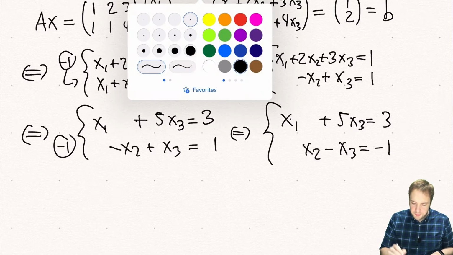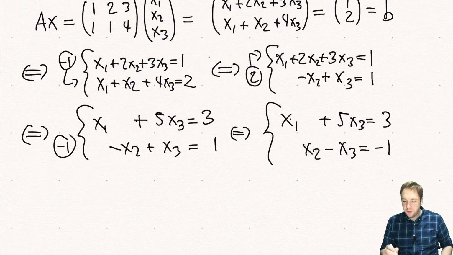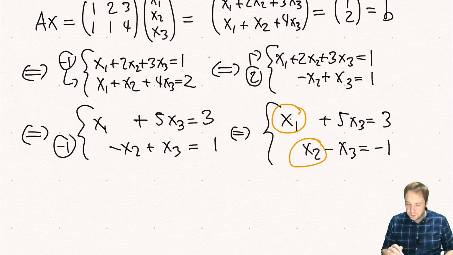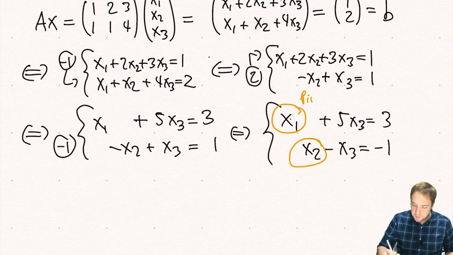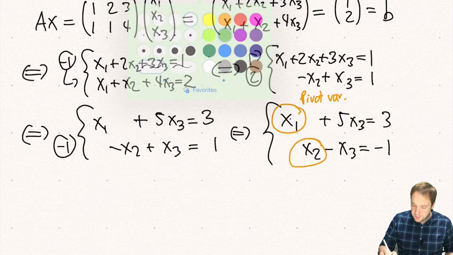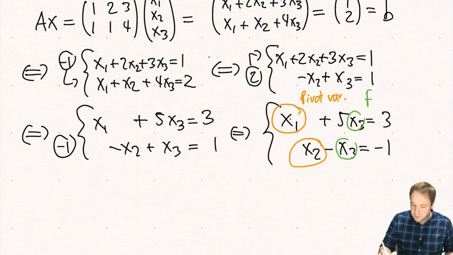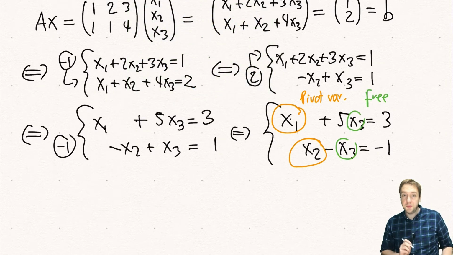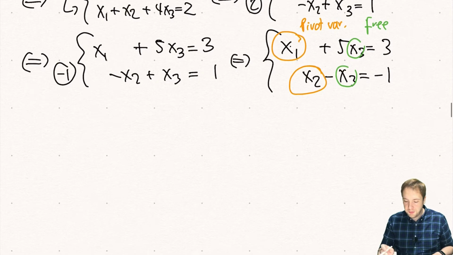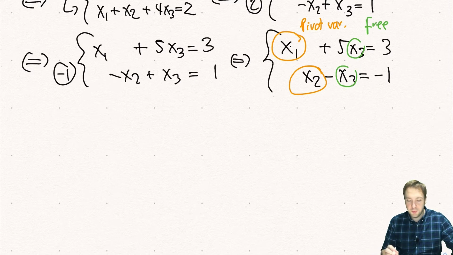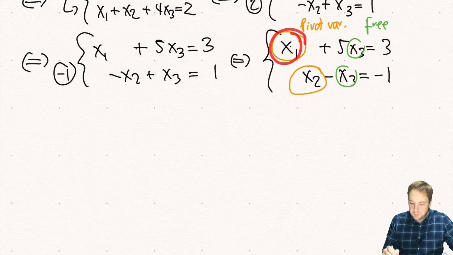Last time we learned that at this stage these two are called the pivot variables, and x3 in this case is a free variable. So the solutions can be obtained by setting x3 to an arbitrary number, saying x3 equals t, and then x1 and x2 are determined by this t.